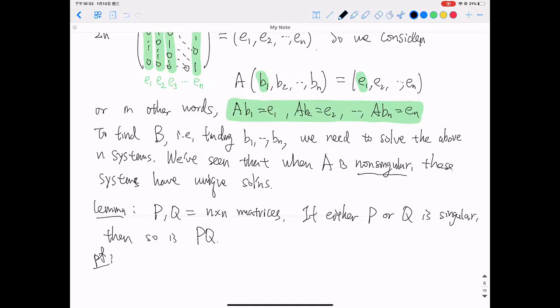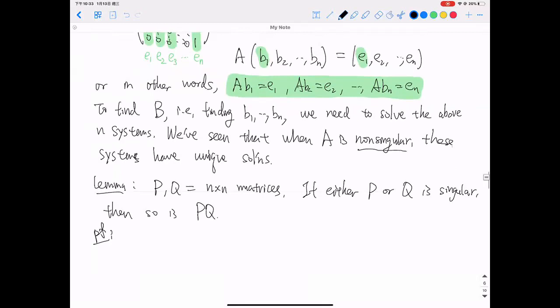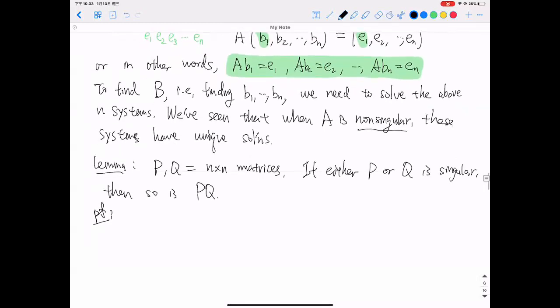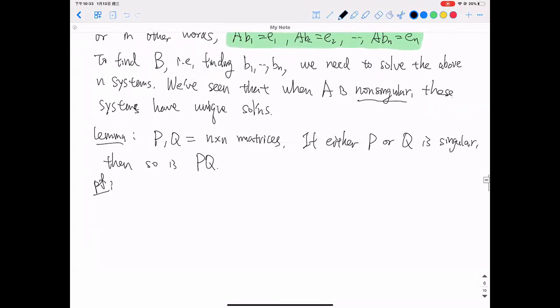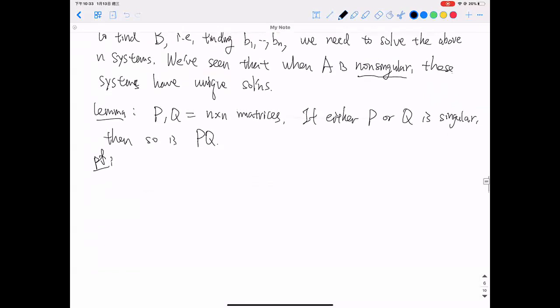That is, if you have two square matrices, at least if one of them is singular, then the product is singular. So let's prove this.